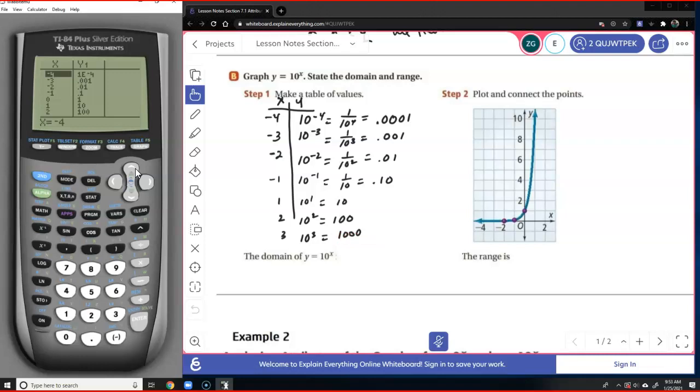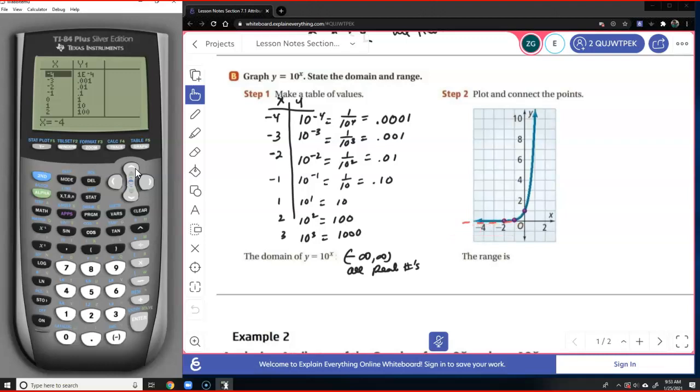The domain, once again, is all the possible x values, so it's going to be from -infinity to +infinity, or we say all reals. The range, once again, we have a horizontal asymptote.